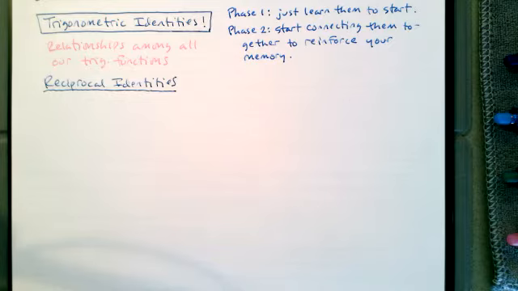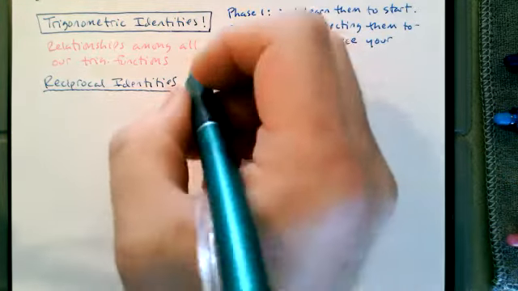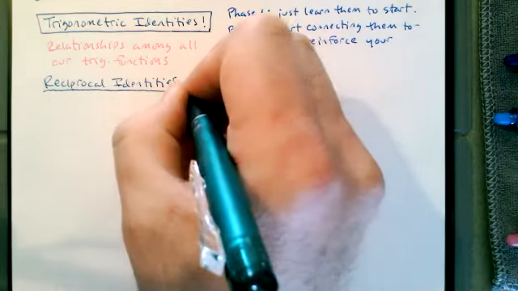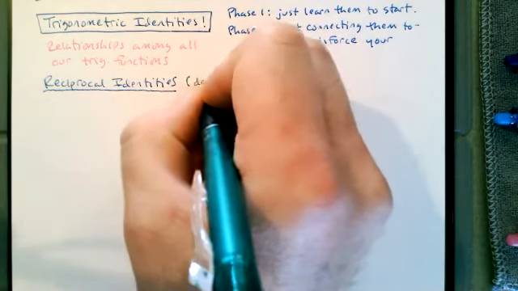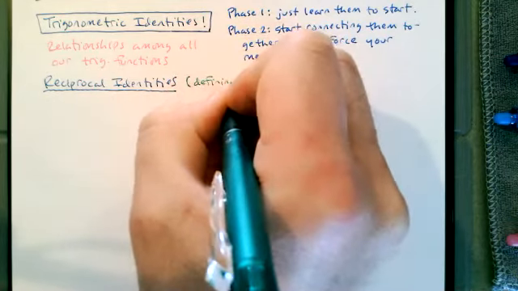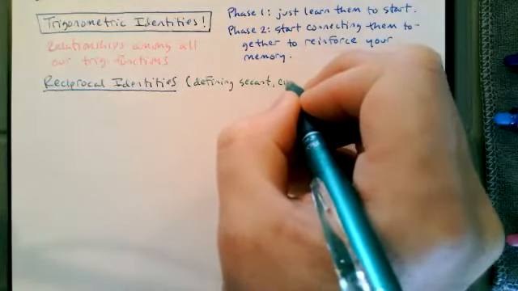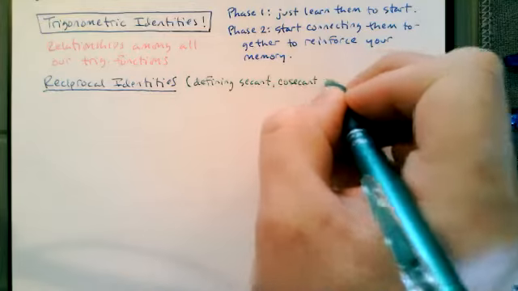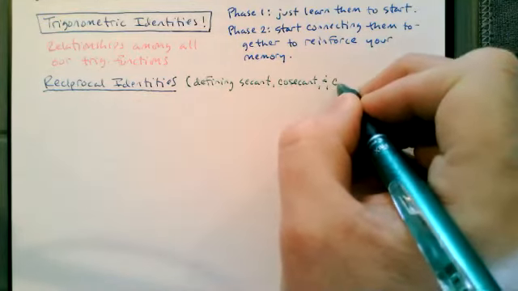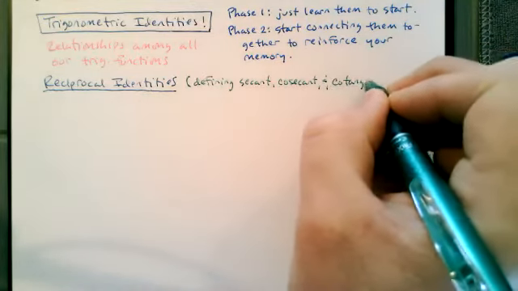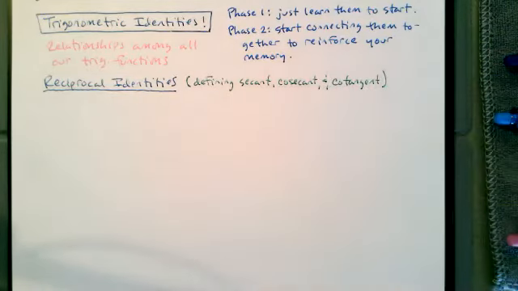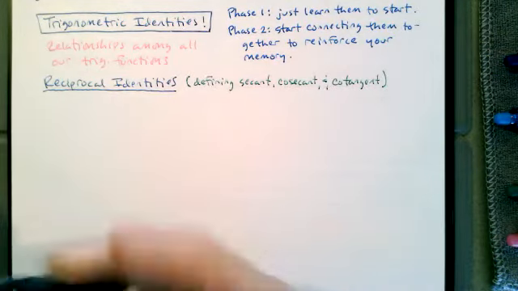But here's how we can think about the reciprocal identities. I want you to think of the reciprocal identities as defining secant, cosecant, and cotangent. I want your idea about the reciprocal identities to be that we are defining secant, cosecant, and cotangent, the reciprocal trig functions.